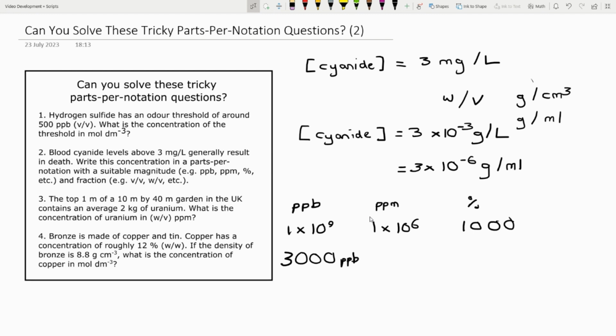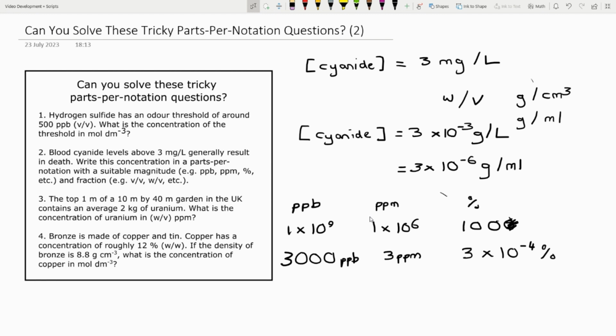If we multiply by 1 times 10 to the 6, we will have 3 parts per million. If we multiply by 100, we will have 3 times 10 to the minus 4 percent.